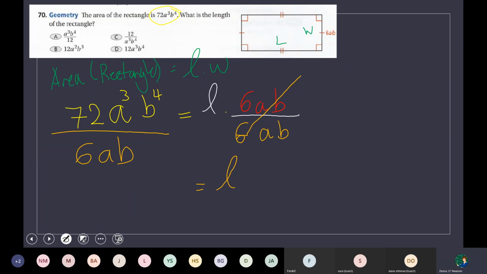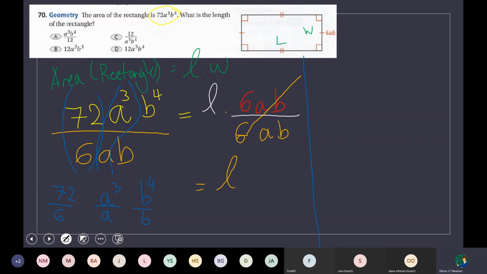Let's now divide. Let's put the constant with a bracket, the variable a with a bracket, and b with another bracket. So it will be 72 over 6, a cubed over a, and b raised to 4 over b. Okay, rearrange it to put the numbers with the numbers, each variable with the other variable.